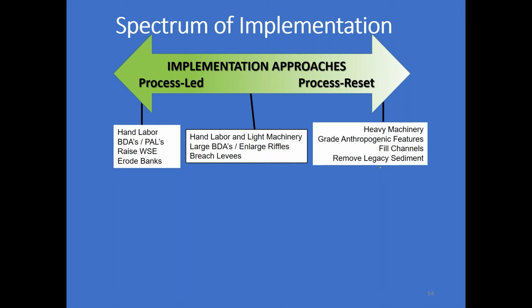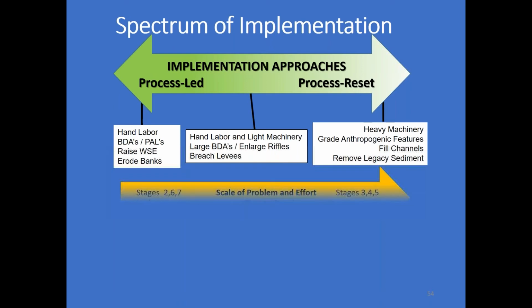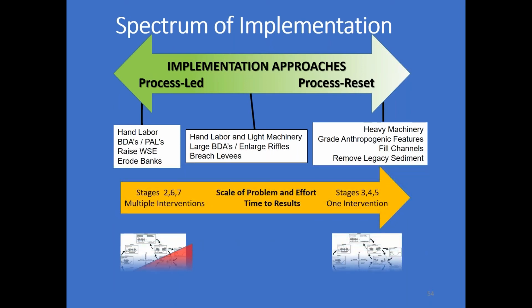So it's process-based restoration across an entire spectrum here, from hand labor on the left to heavy machinery on the right, and variants in between. The things to consider about this spectrum is that the scale of the problem, the scale of effort, and the time to results is different from one side to the other.